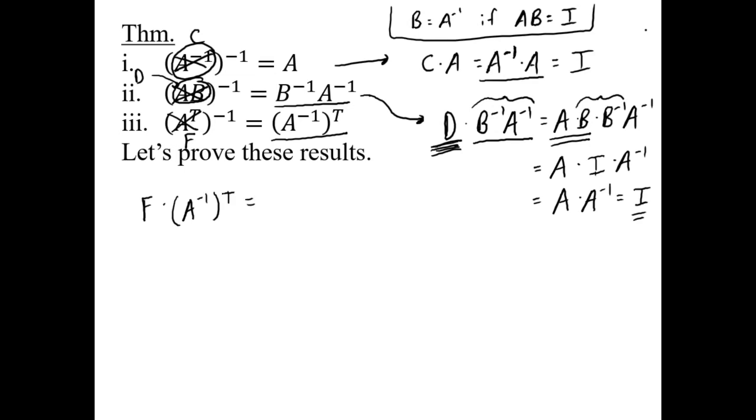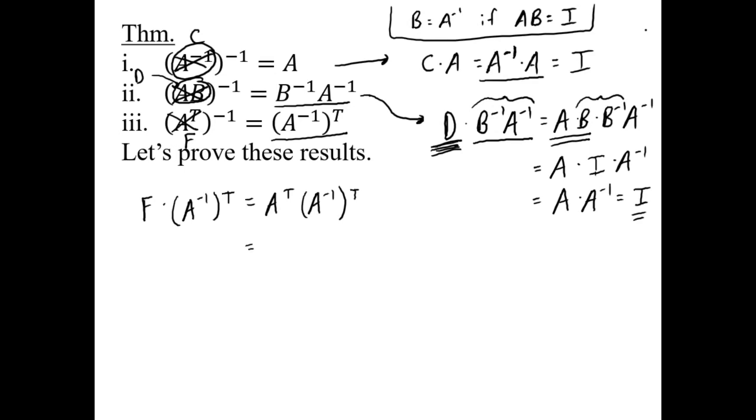If I take F and I multiply it by all that stuff, I should get the identity matrix, but let's see if that's true. So F was A transpose, so I'm going to replace the F with A transpose, and I'm multiplying that by A inverse transpose.